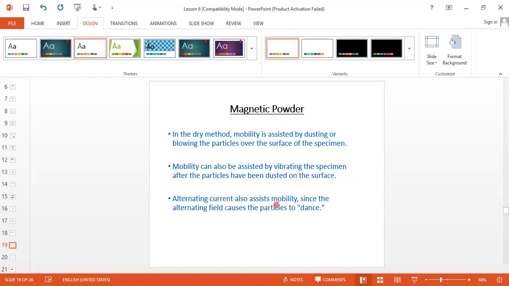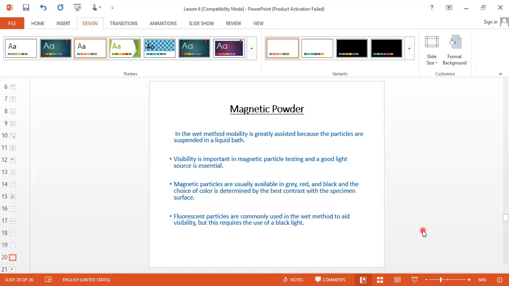Alternating current also assists mobility, since the alternating field causes the particles to dance; the AC current alternates direction, so there is vibration, and due to that vibration the particles dance. In the wet method, the mobility is greatly assisted because the particles are suspended in a liquid bath.